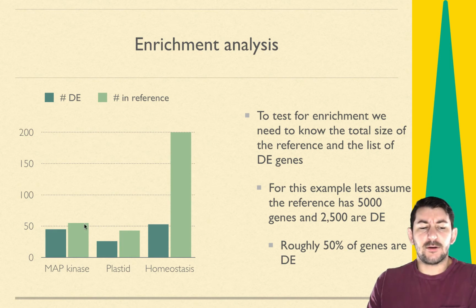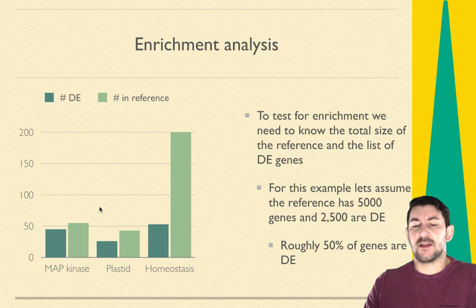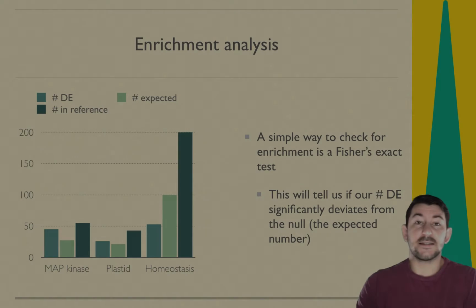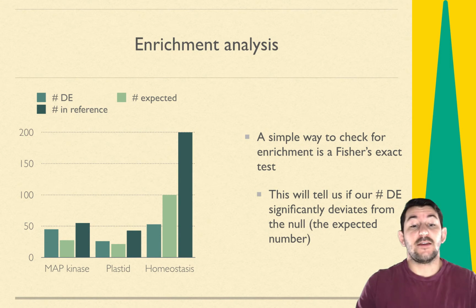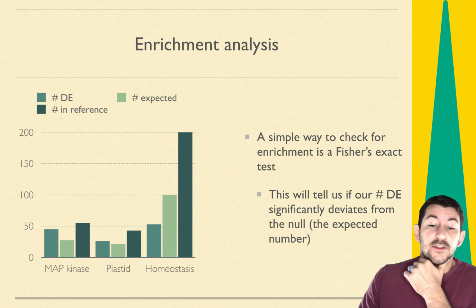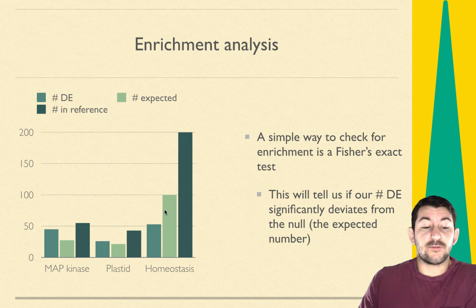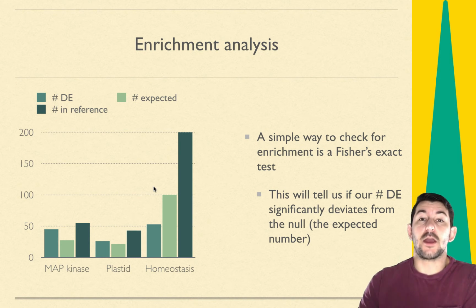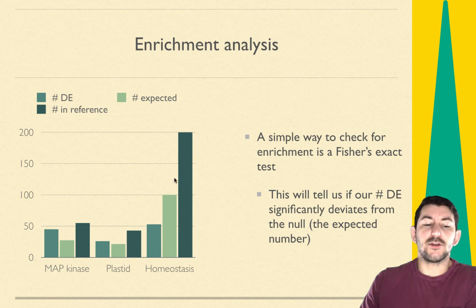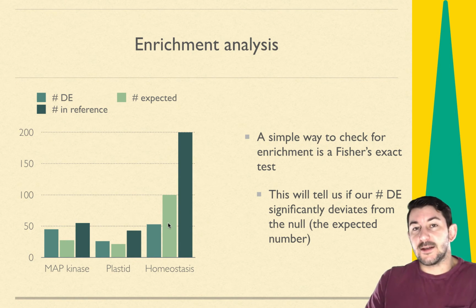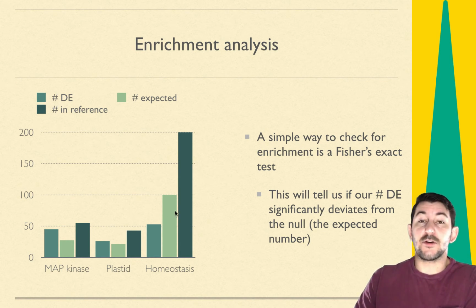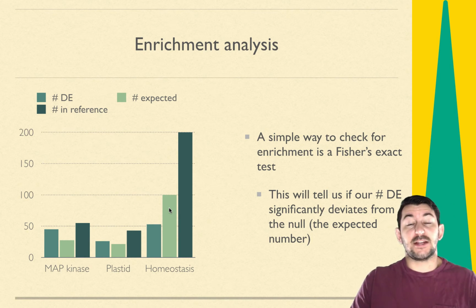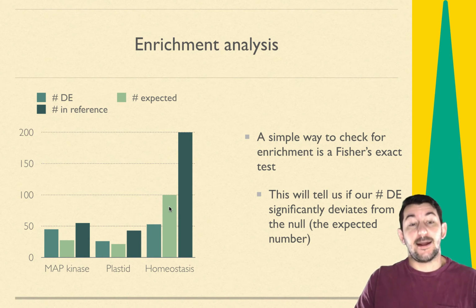And so how do we go about knowing whether there is a significant enrichment or not? A simple way to check for this is a Fisher's exact test. So this will tell us if the number of differentially expressed genes significantly departs from our null expectation of carrying over the frequency based on the size of the list. So now we've got a new column here that's the expected number of genes involved in a given GO category if we had just pulled that 2,500 gene list at random.